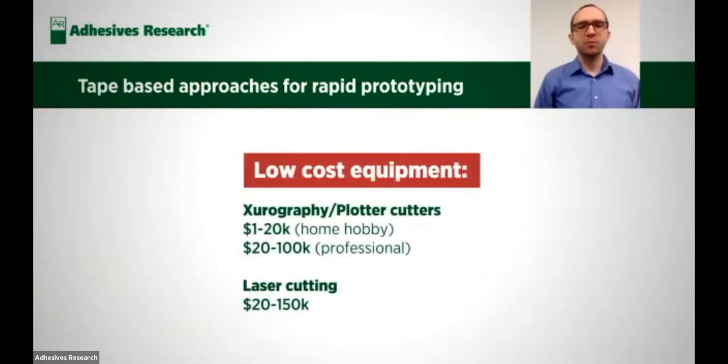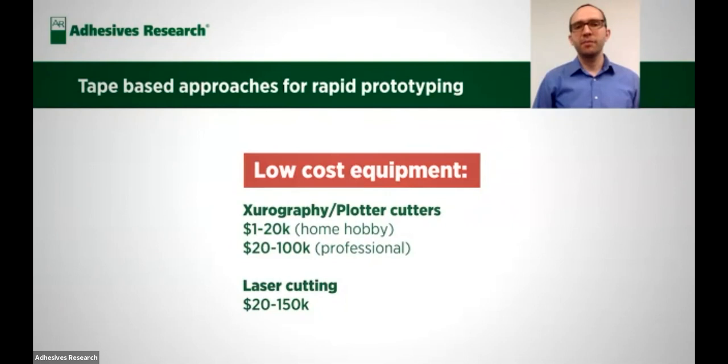It can cost $1,000 to $20,000 for one of these home hobby types of plotters, and up to $100,000 for a more professional, more capable instrument. And you can also get into laser cutting with between $20,000 and $150,000 worth of investment. So it's not too hard or too expensive to get the equipment required to cut these microfluidic channels.